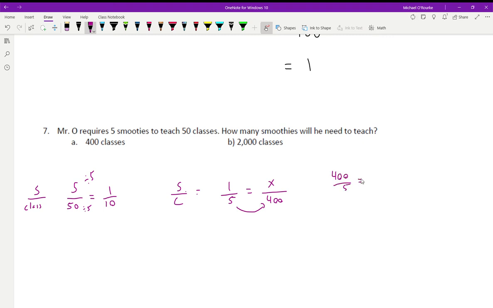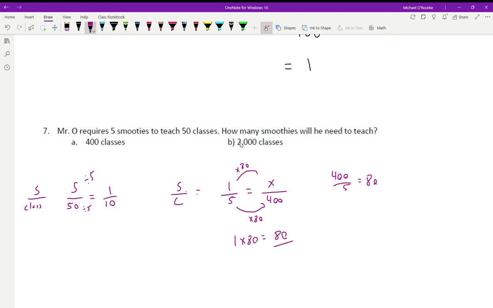So what's our multiplication? So 80. Okay, so we multiply by 80 up here, and down here we also multiply by 80, and 1 times 80 is 80. There's our answer.